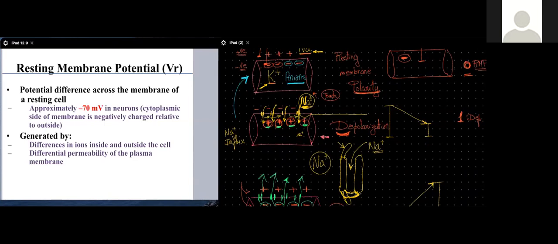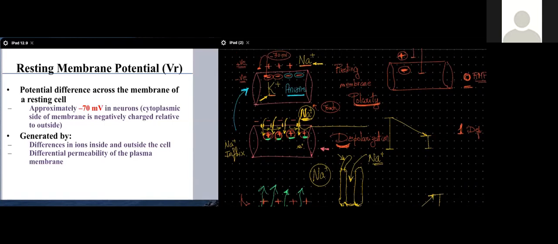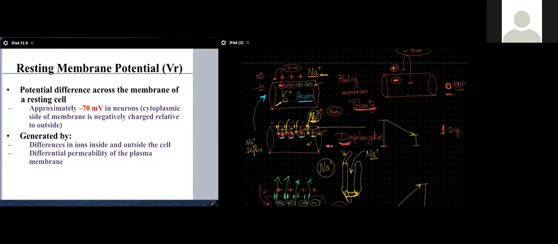What is the form of the electrical impulse? Again, it's the flip of the membrane polarity. You are changing the membrane polarity. Rather than the inside being negatively charged, the inside will become more positively charged than the outside, by allowing what ion? Again, what ion is responsible for the depolarization of the cell?